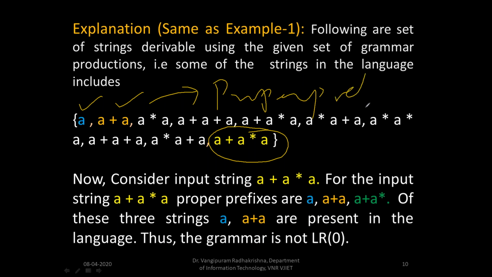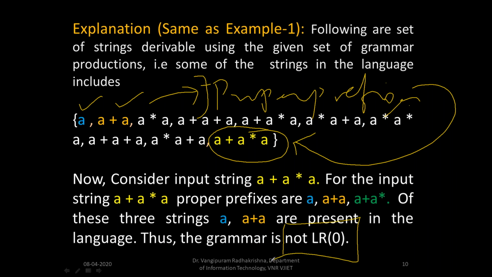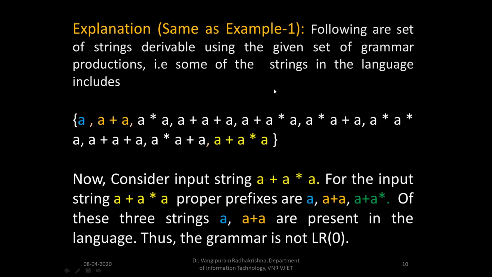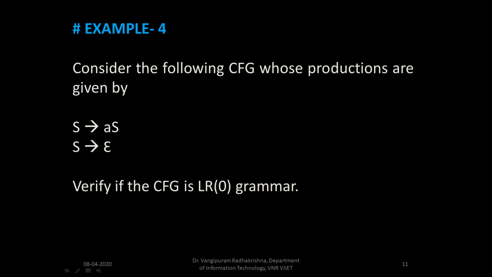Because there exist proper prefixes for this randomly chosen string, the given grammar is not LR0 grammar. This is how we can prove that a given grammar is not LR0 grammar by application of the theorem.